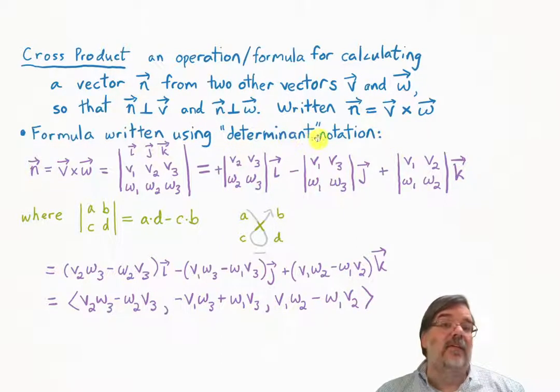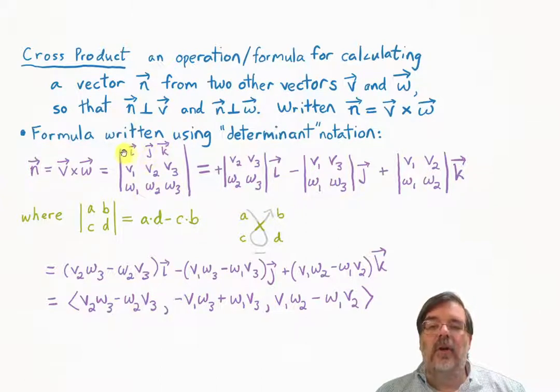And this is kind of a preview of a topic we're going to see a lot when we start talking about matrix algebra in the next third of the course. So to remember this formula, the cross product of 2 vectors v and w, let's say that the vector v has components v1, v2, v3, and the vector w has components w1, w2, w3. So first, I'll arrange these values in a grid.